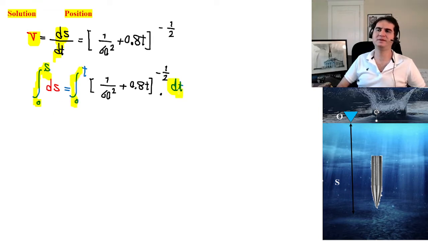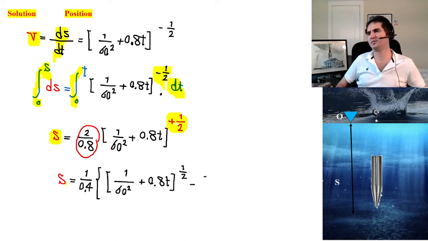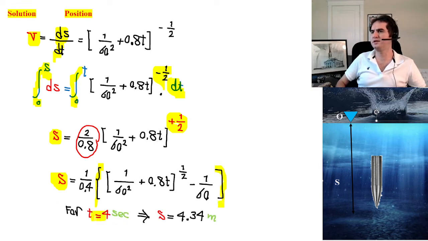If you integrate with respect to t, s is equal to this function, and by integrating the negative one half power, you get a positive one half power. Displacement s is equal to 1 over 0.4 times this expression in brackets, and for t equal to 4 seconds, s is equal to 4.34.